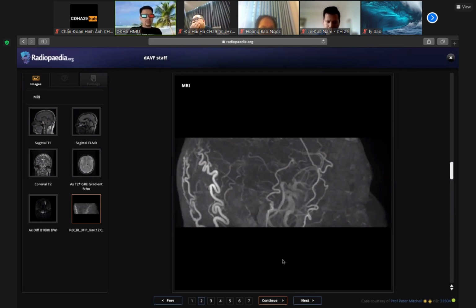So that is the suggestive finding of a dAVF rather than an AVM.